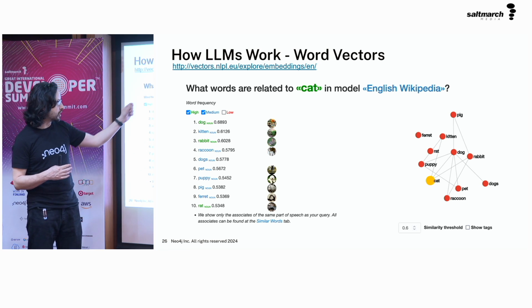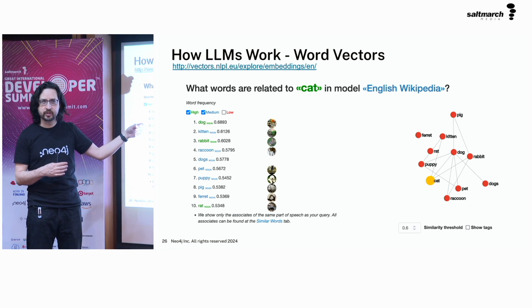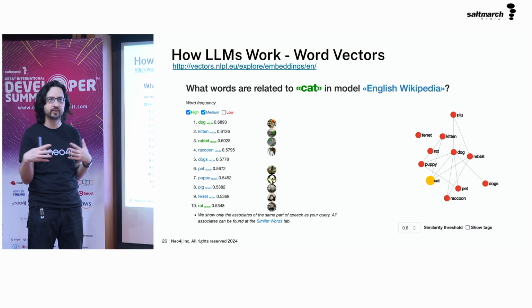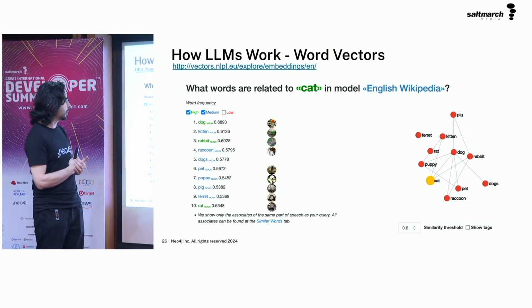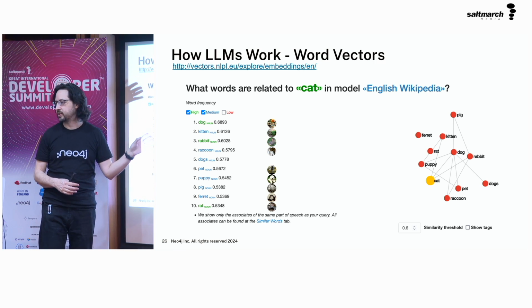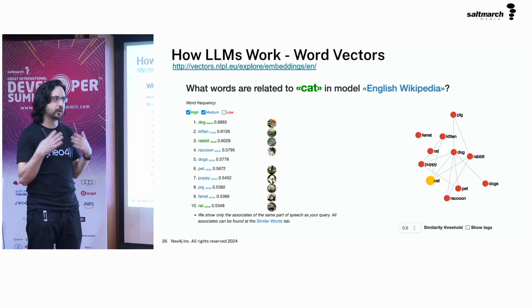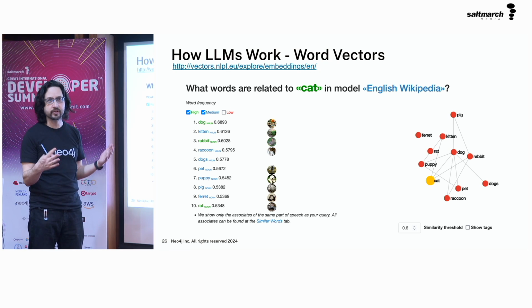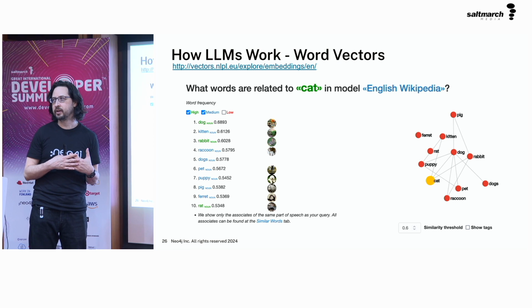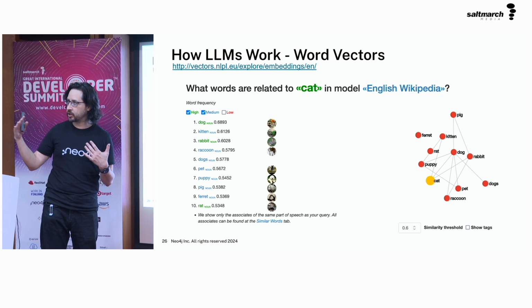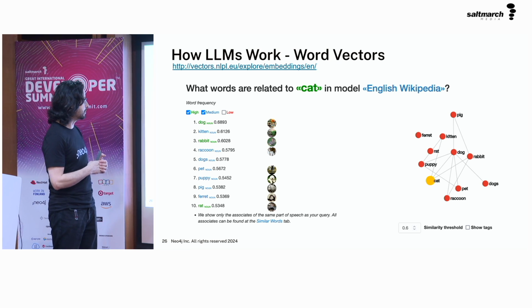And the distance of those points to each other represents how related those two objects are. And it's not just a one-dimensional vector space, it's actually n-dimensional. So it uses thousands and thousands of dimensions to represent different attributes of closeness for different things.